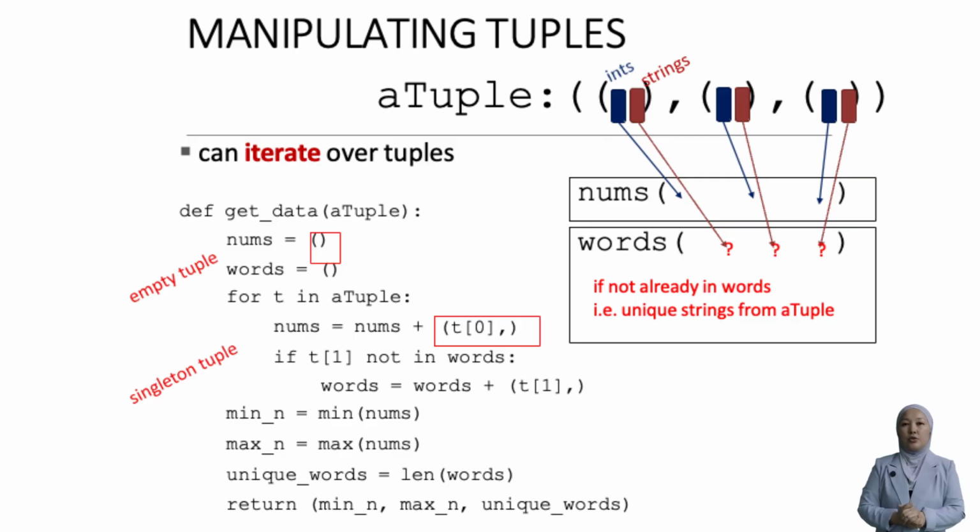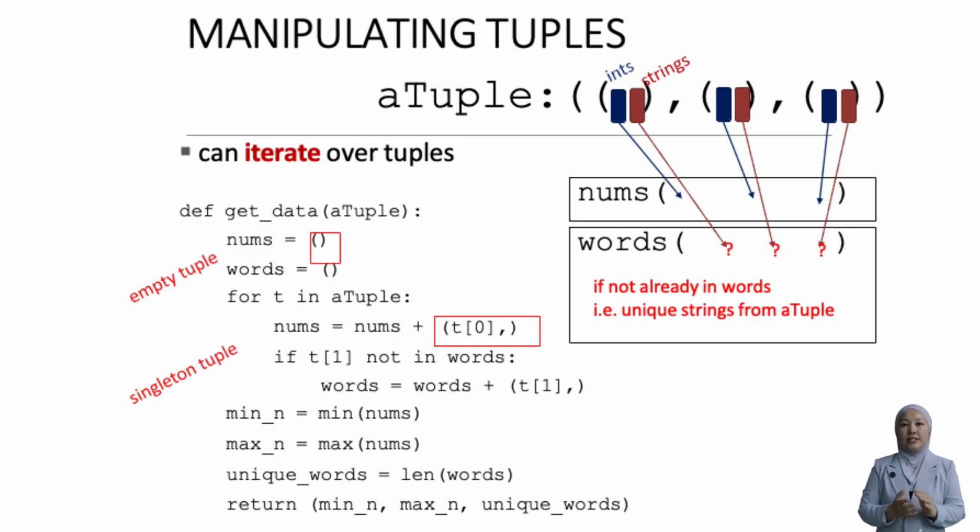While you can't change a tuple, you can process its data. Here's a sophisticated example. The function get_data(a_tuple) takes a tuple of tuples. Imagine data like (1, "red"), (2, "blue"), (3, "red"). It initializes two empty tuples, nums and words. It iterates over each inner tuple t. It builds nums by concatenating t[0], the number.